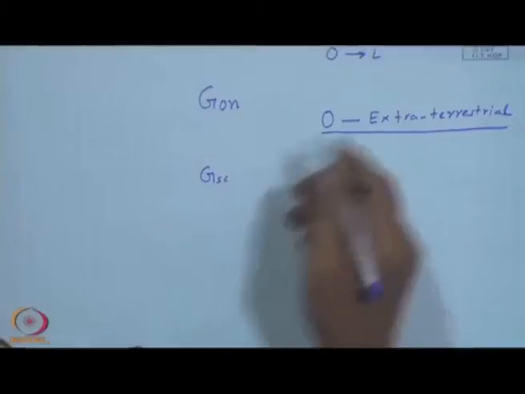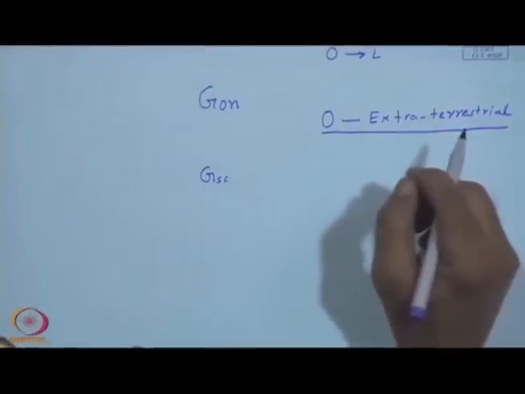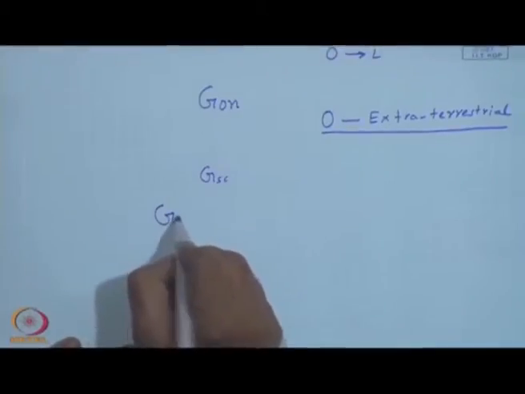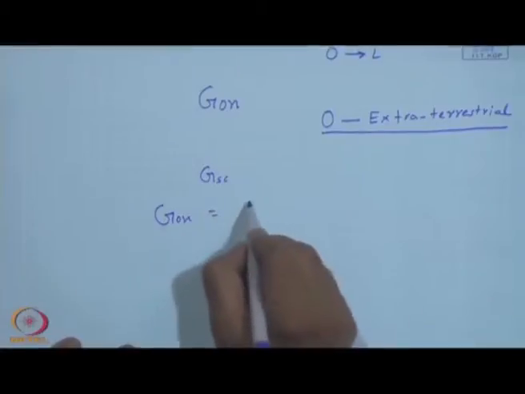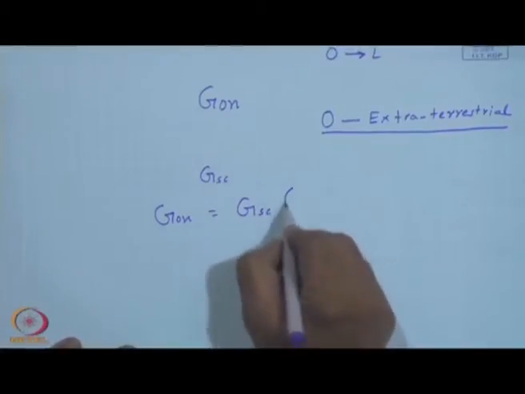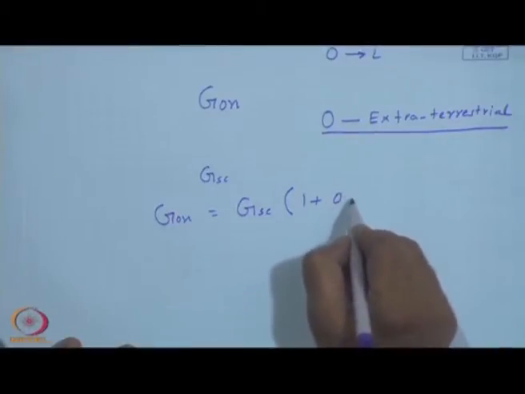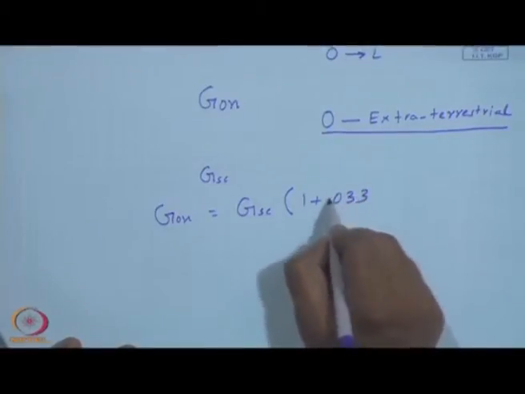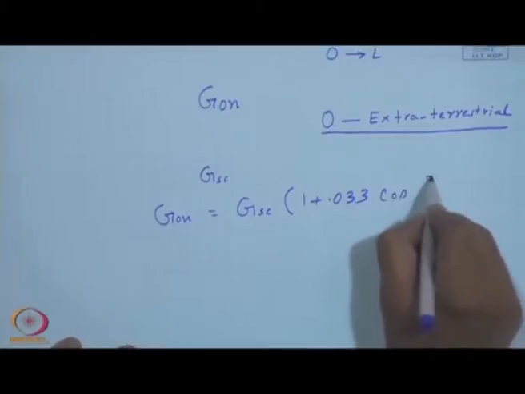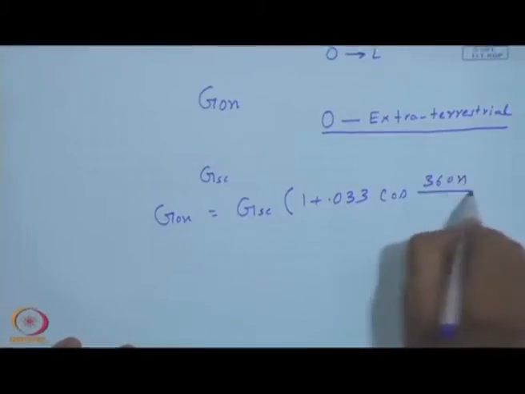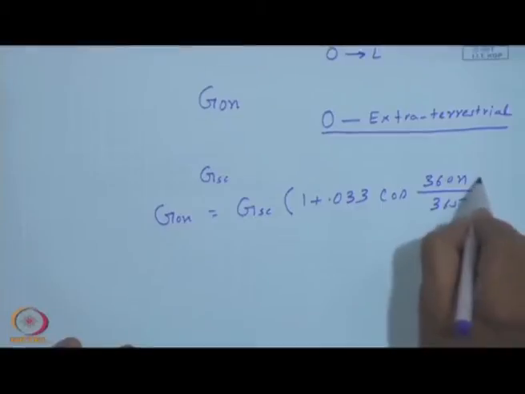So, GSC is the solar constant if the surface is at the mean radius between the sun and the earth distance. If you take on any given day, that will vary like the solar constant times 1 plus 0.033 cos 360 n by 365, which is about plus minus 1.7%.